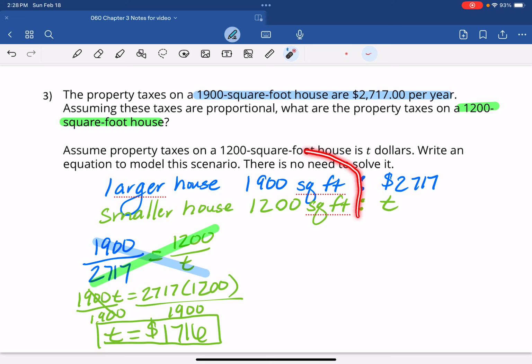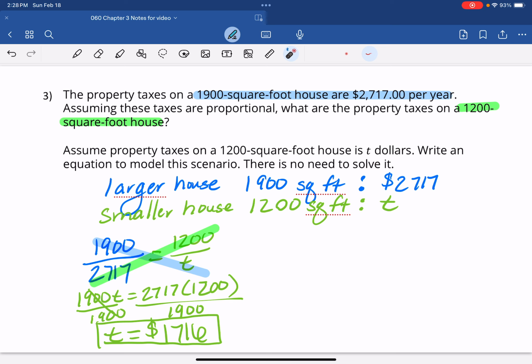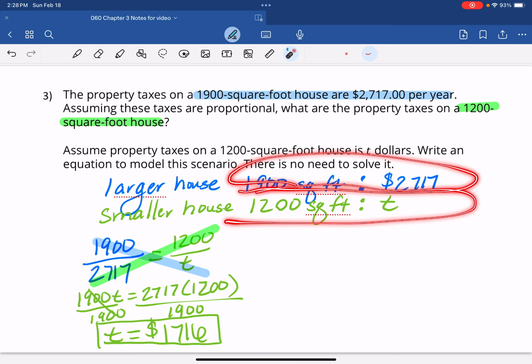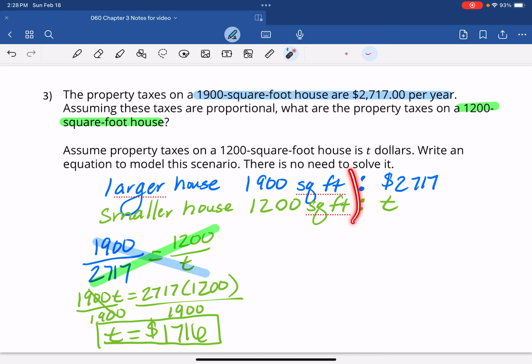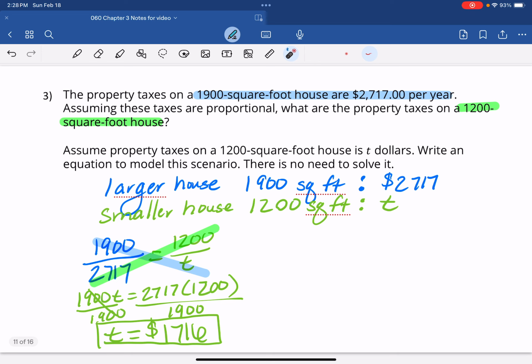You could choose to write your ratio based on the units rather than based on the items being compared. So I tend to write mine based on the items being compared, but you could write your ratio based on the units of the things you're comparing. So if you choose to write them based on the units, then you would have a proportion that looks like this.